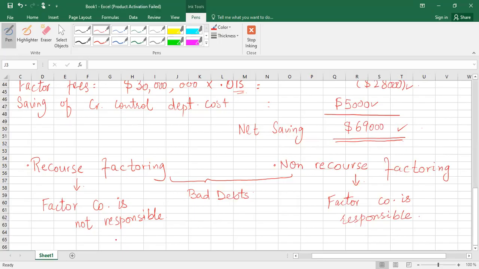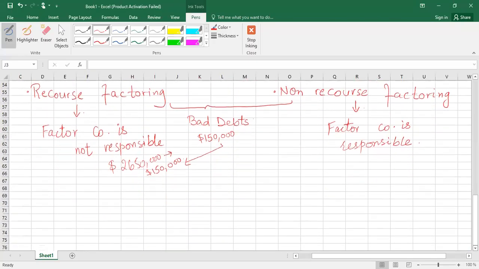Means out of 2.8 million, we could recover 2,650,000 from your customers and the rest 150,000 is bad debts. So this bad debts is your responsibility and you will pay us this bad debt amount. So we will recover the whole 2.8 million from you. So this is the difference between recourse factoring and non-recourse factoring. Anyone, any question?